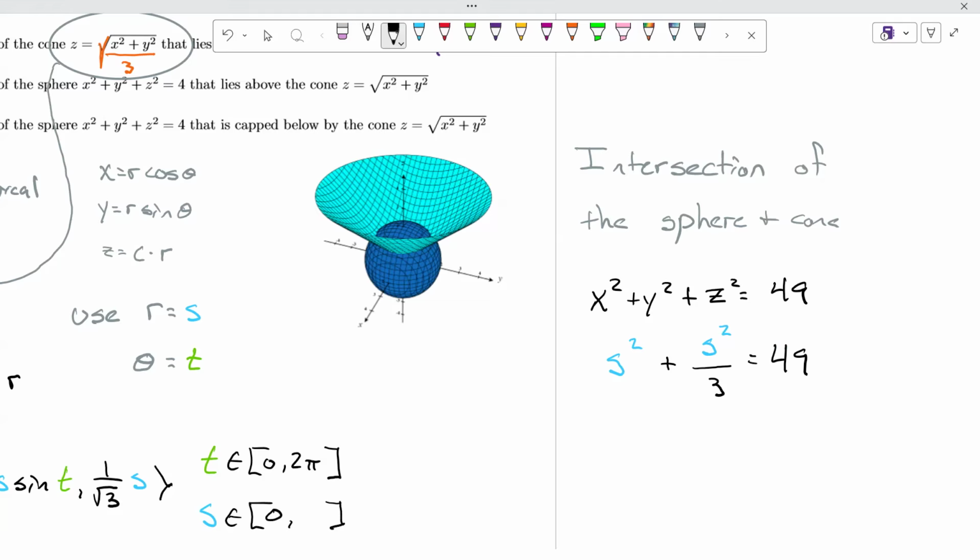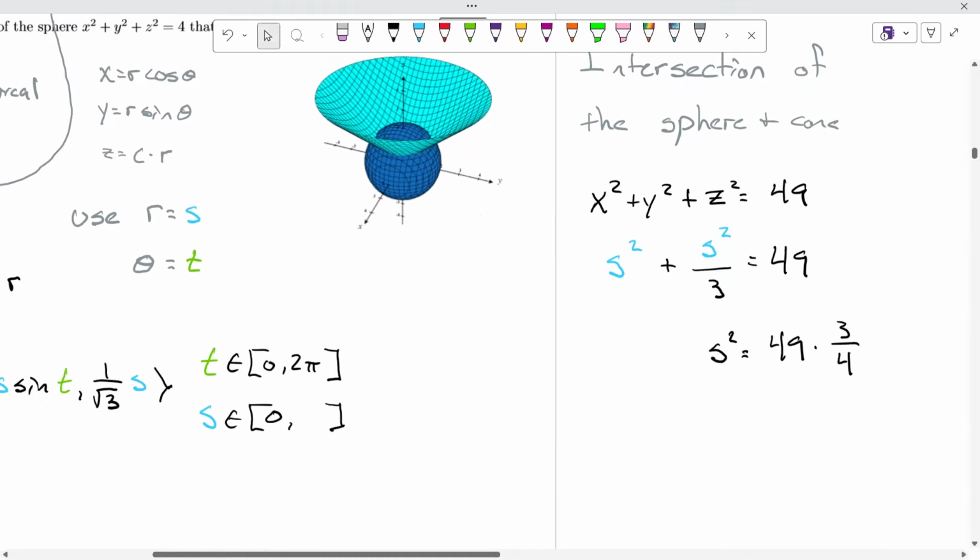So I think that s squared is going to be equal to 49 times 3 over 4, since I've got 4/3 s squared on the left. And then I'll take a square root of that thing.